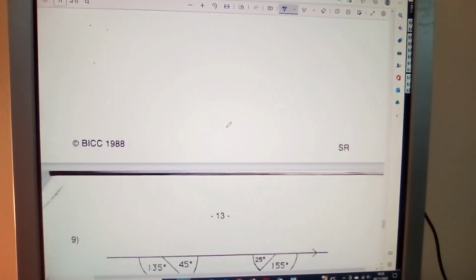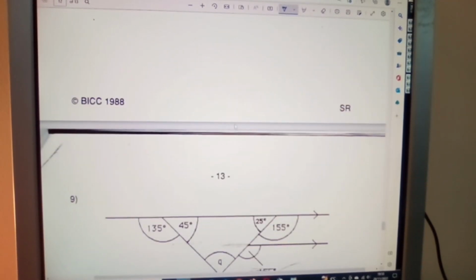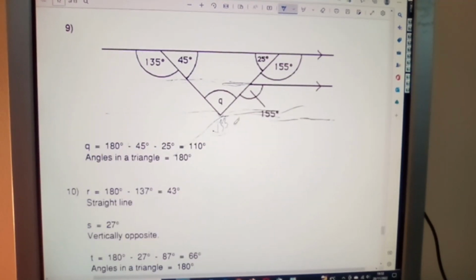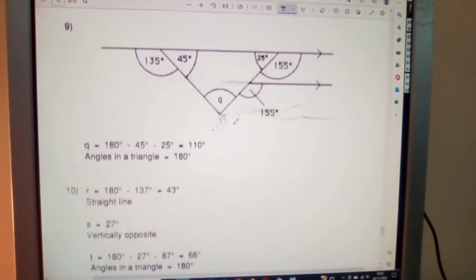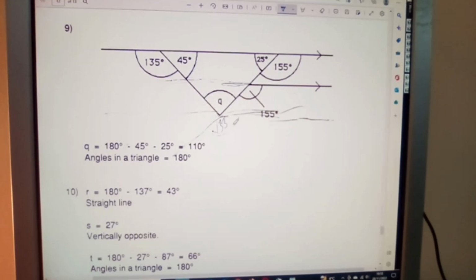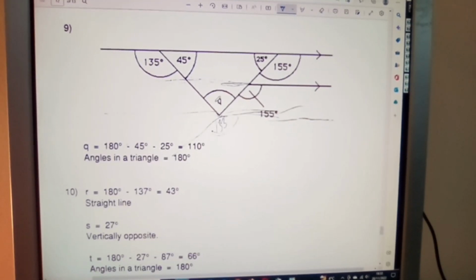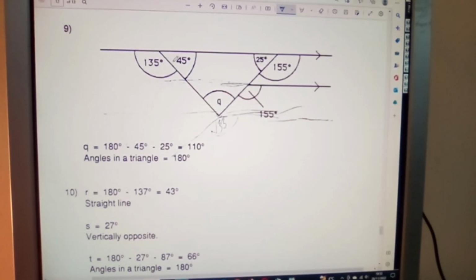This one is brilliant. It shows you in detail what you need to be doing to find Q. So Q should equal 180 because you have three angles here, still the same, and you've got 45, 56, 70.